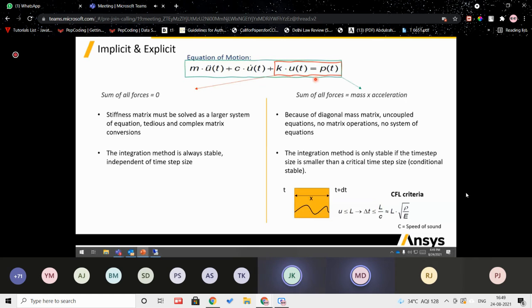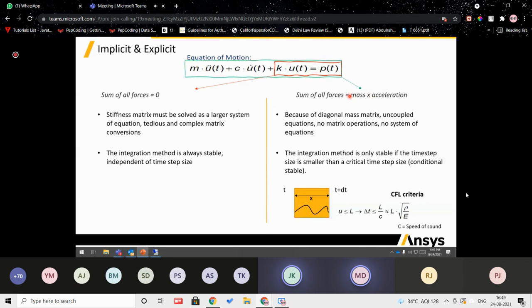Then here, for the explicit analysis, we have MA, then C and your velocity terms, and then your K into delta X, and then your force. So here what we see is the sum of all forces is equal to mass times acceleration. So here we simply go for solving for the acceleration.